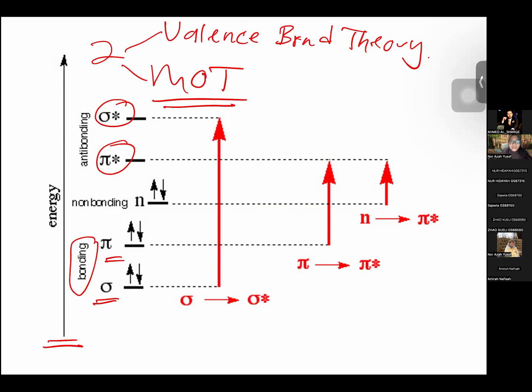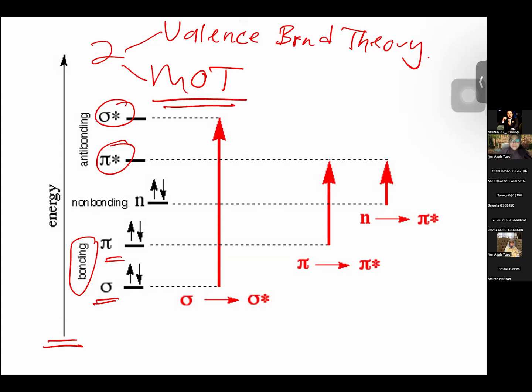It does not necessarily happen, but it can. The electron can move from sigma orbital to sigma star orbital, and this will require a lot of energy because you can see the difference is very high. It also can happen from pi to pi star.